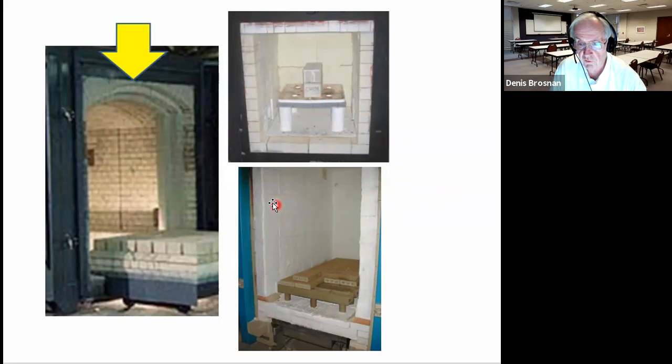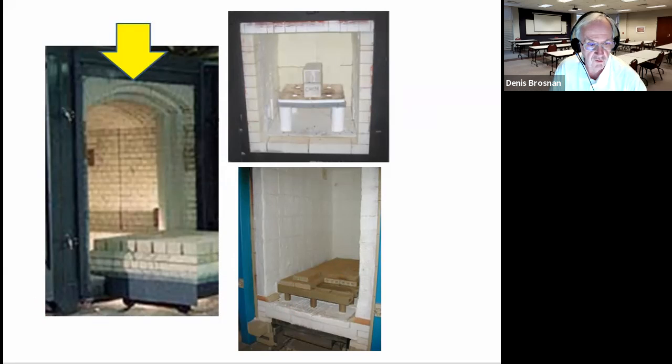You can see these, and then the load is supported in this kiln design on a refractory deck block. So the load can be placed there. The car, of course, is slid into the kiln and the door shut and the kiln is fired.